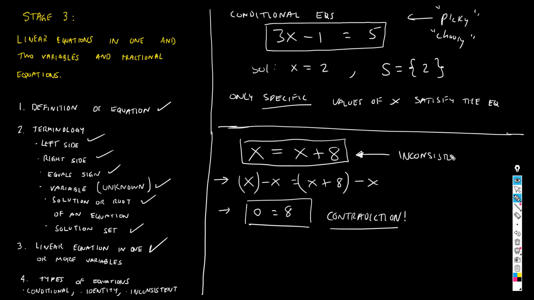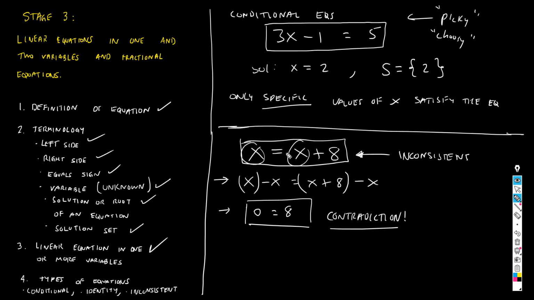Basically, the author of this equation, in this case me, wrote an inconsistent statement. I wrote something that cannot be solved. I'm saying an impossibility. I'm saying that some number is equal to itself plus 8, which is perfectly impossible, right? It's not possible that a number is equal to itself plus 8.